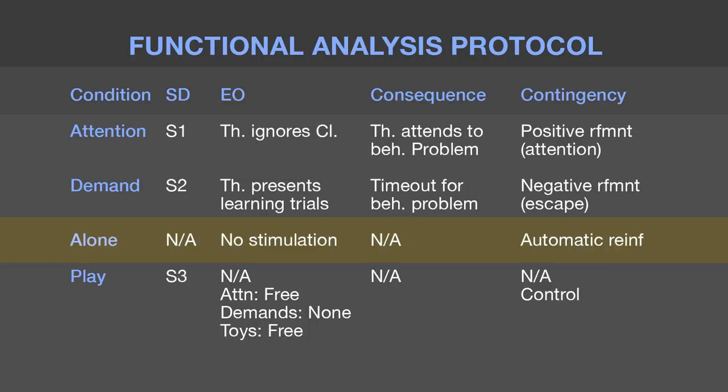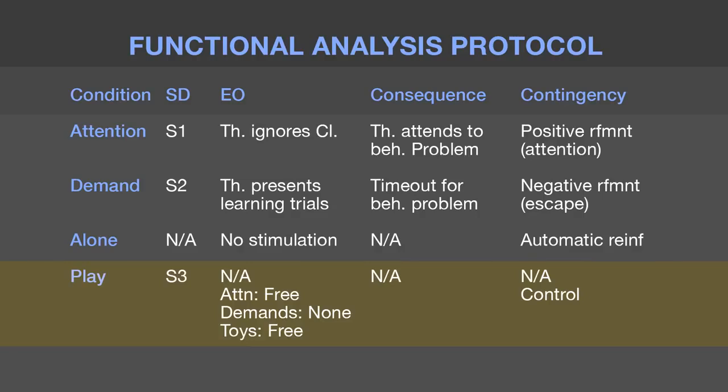And the final condition one might consider would be what one calls the control condition. And in that condition, we try to eliminate all the possible influences that might produce problem behavior. So unlike in the attention condition, where attention is unavailable, it's freely available in that play condition. Unlike in the demand condition, where a therapist is presenting challenging work requirements, there are no work requirements.